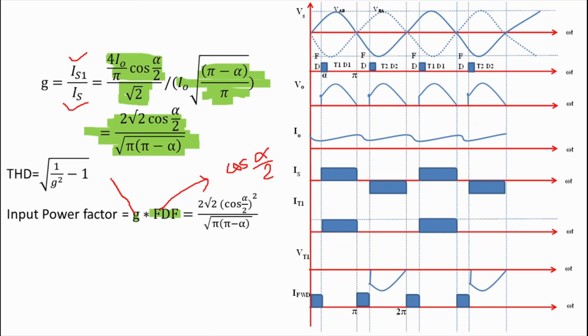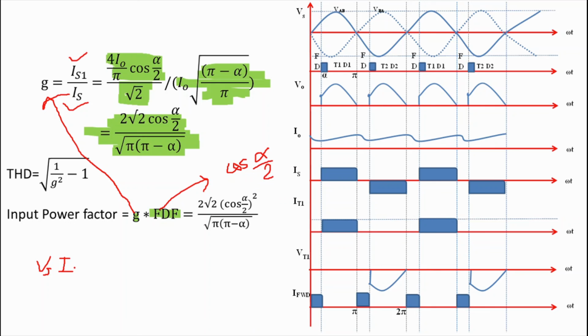Now this input power factor can also be found by equating input power equal to output power. This we have done in our last video. So when we put input power equal to output power, means Vs Is cos phi is equal to V naught average into I naught average, if we equate these two, then we get power factor cos phi.